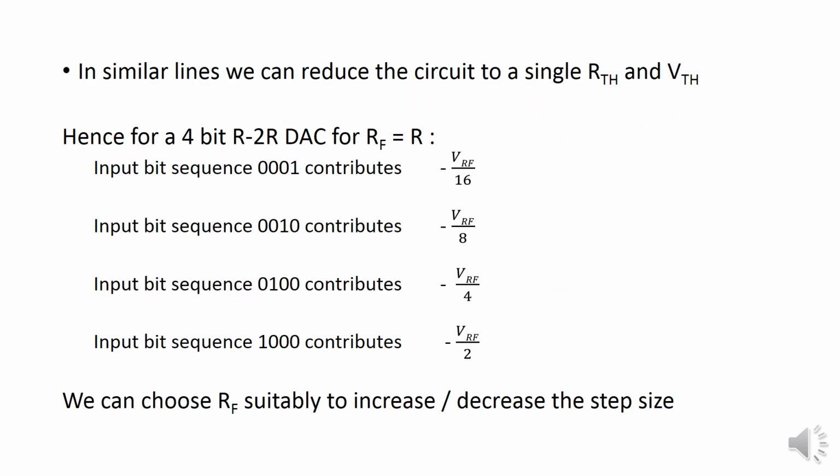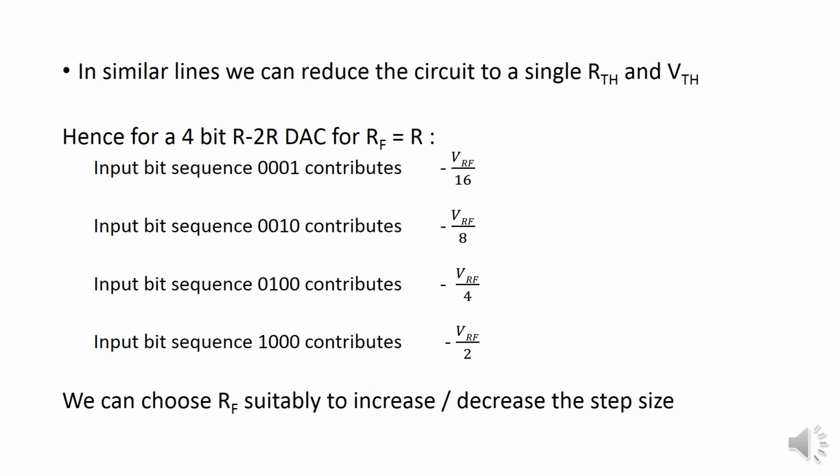In similar lines, we can reduce the circuit to a single RTH and VTH for a single source. Hence for a 4-bit R-2R DAC with RF equal to R, the input bit sequence 0001 contributes V reference by 16 to the output.